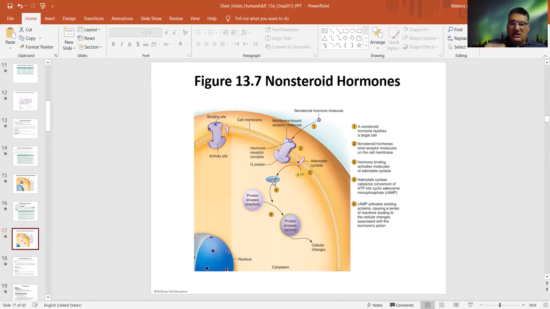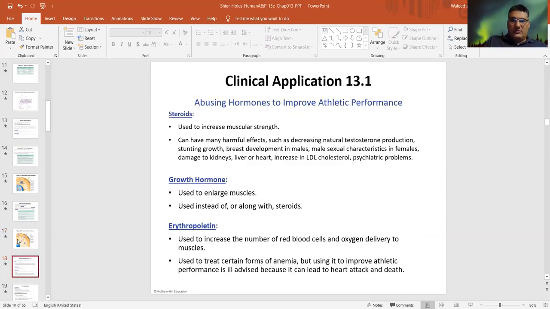So if you take the package, you're the first messenger. You give it to your sister, which is cyclic AMP, the second messenger. And then the cyclic AMP is going to activate protein kinase. This is the third messenger, and protein kinase is going to do the action. This is the scenario that's happening, and this is what I want you to know in this part.